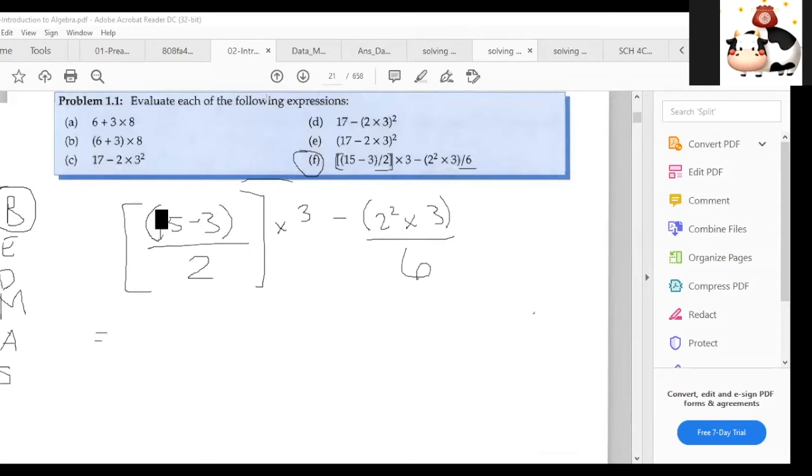So what I'm going to do is just rewrite it over here. I'm going to take this out and put 12, just to keep it nice and clean and neat. And wait, there's more brackets over here. So now that means we have to zoom in inside the brackets. When we look at what's inside these brackets, what do we have to do first?